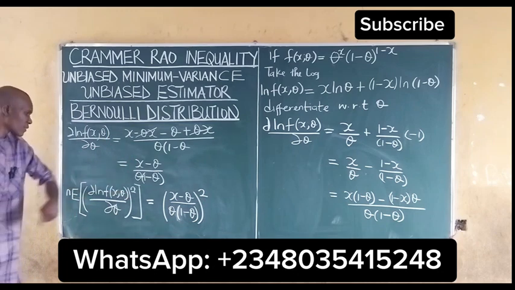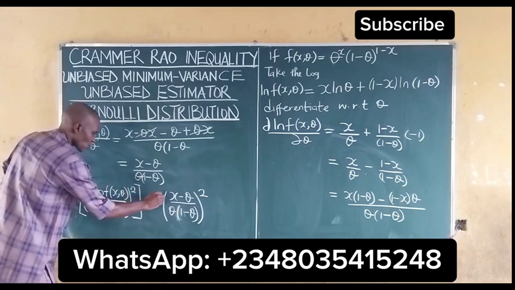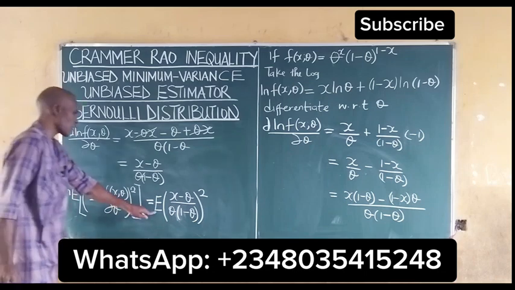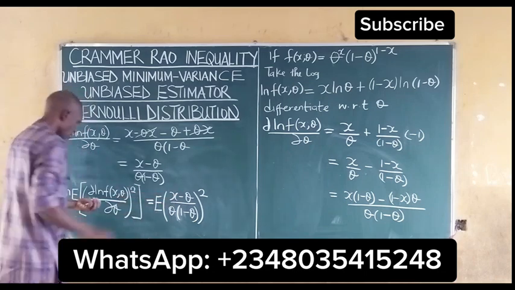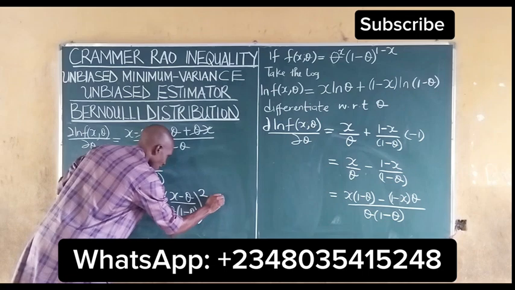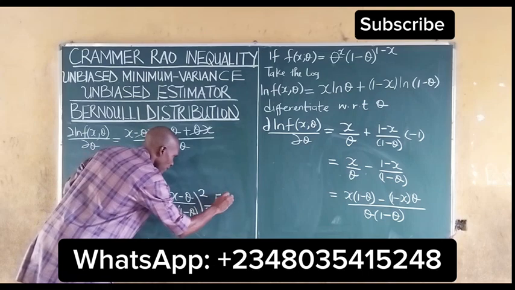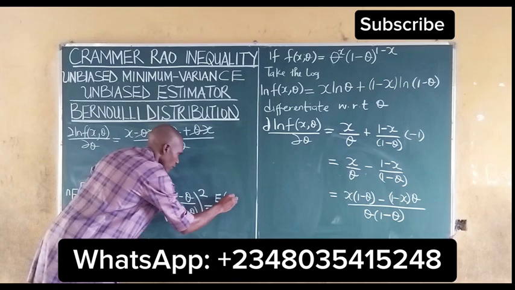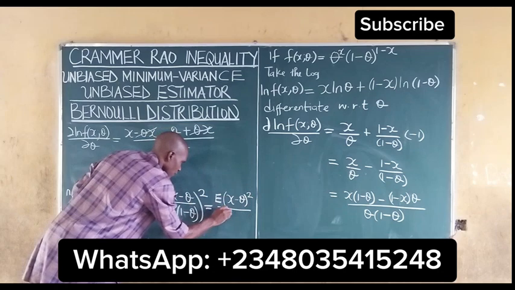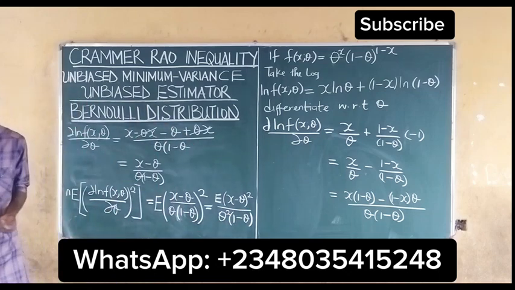If we impute our expectation, we get the expectation of x minus theta squared all over theta squared into 1 minus theta squared.